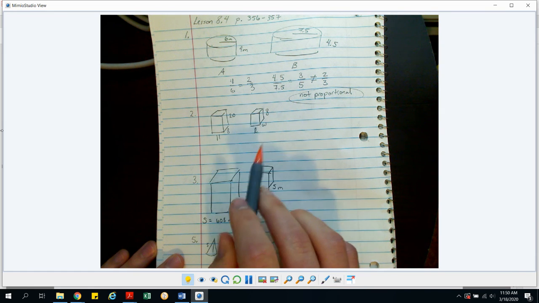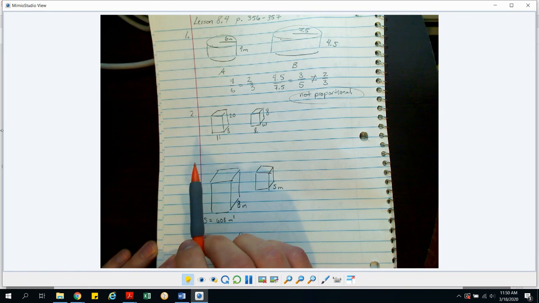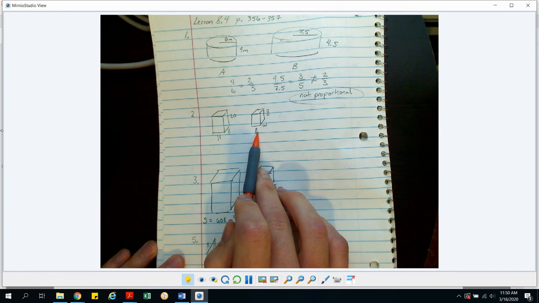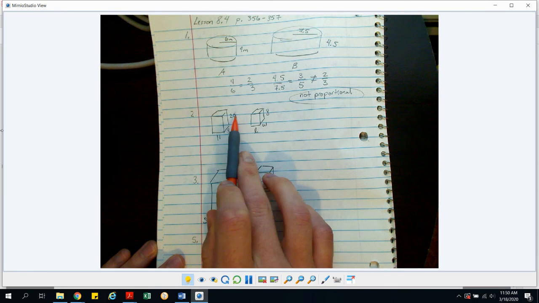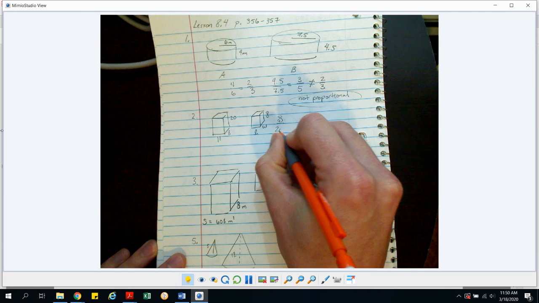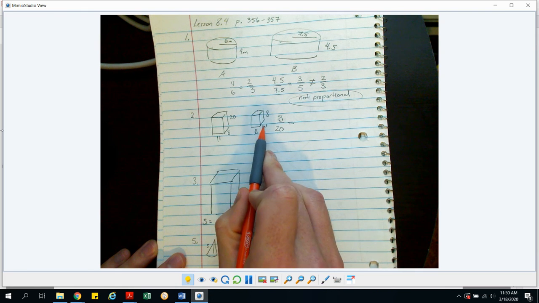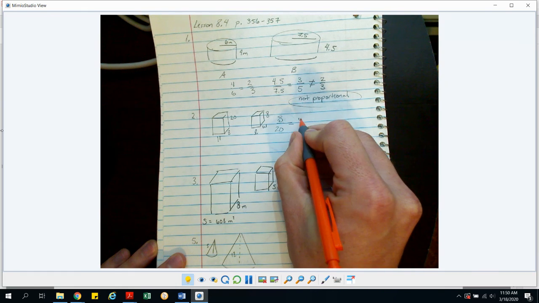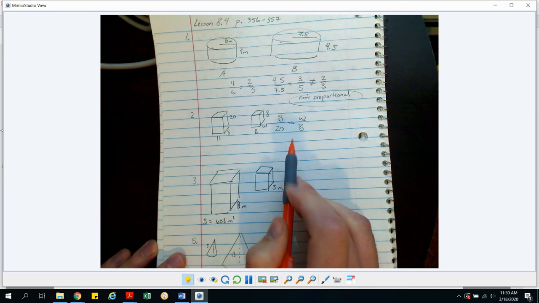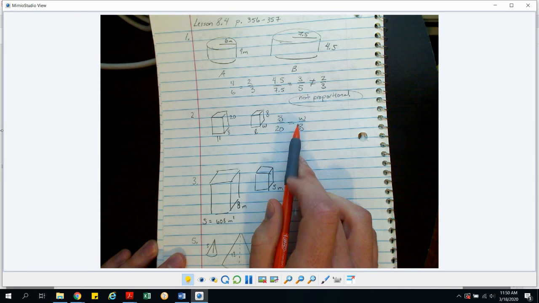So the tip I'm going to give you here is you're always going to want the unknown dimension in the numerator. So if I have my unknown dimensions over here on the right, I'm going to make sure that I write 8 and its corresponding side 20 here. And I'm going to set that equal to W over 8. And really all I have here is a nice little one-stepper.